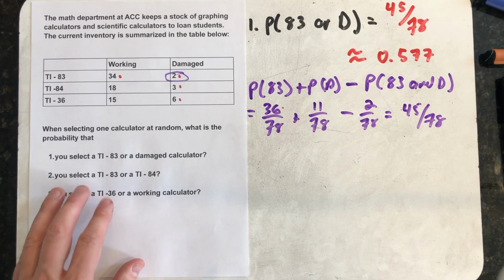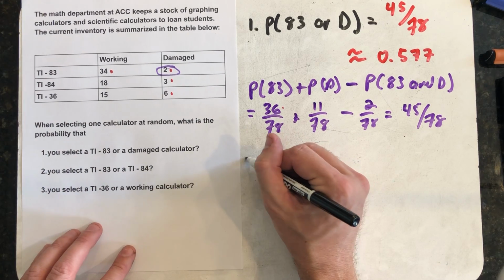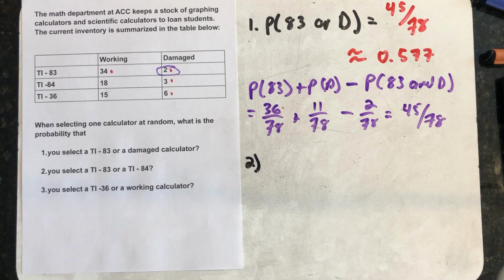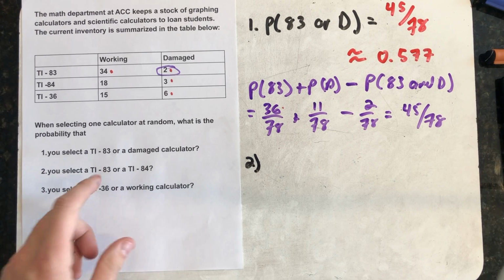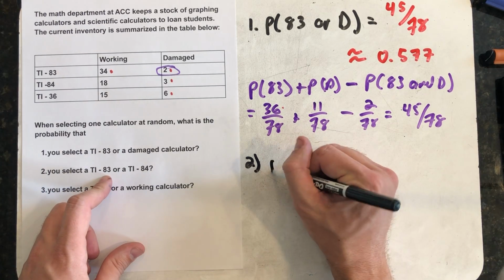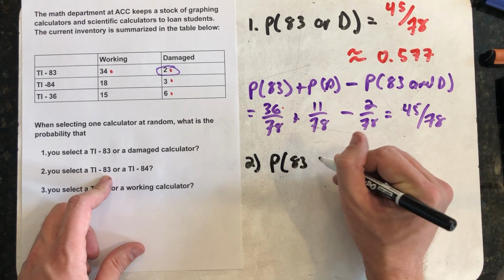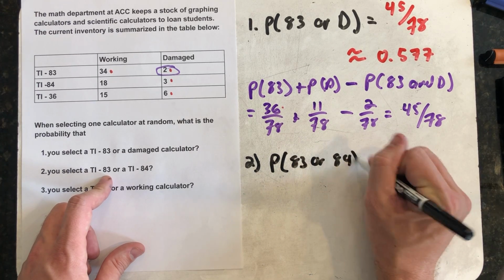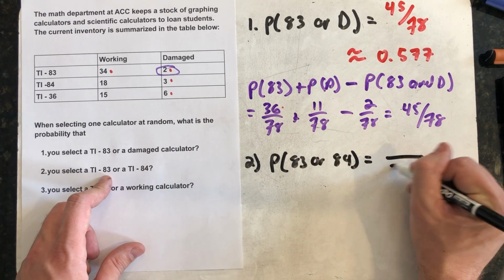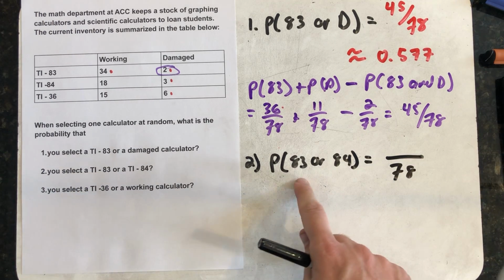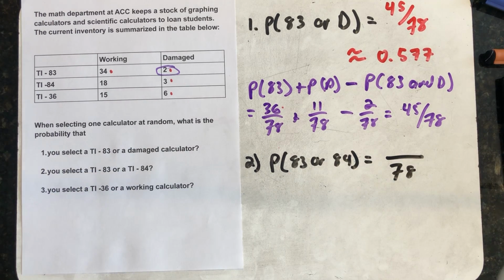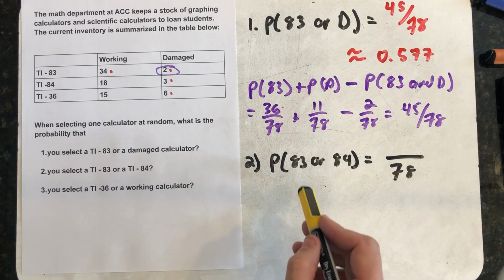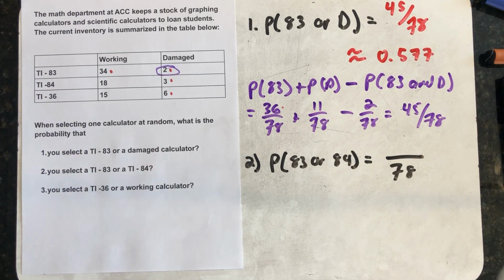In question number 2, we are asked, what's the probability that when we draw a single calculator at random, we get either an 83 or an 84? Alright, so again, the idea is I count the number of things that satisfy being an 83 or an 84 so that I don't count anything twice. Now the good news here is you can't be both a TI-83 and a TI-84.